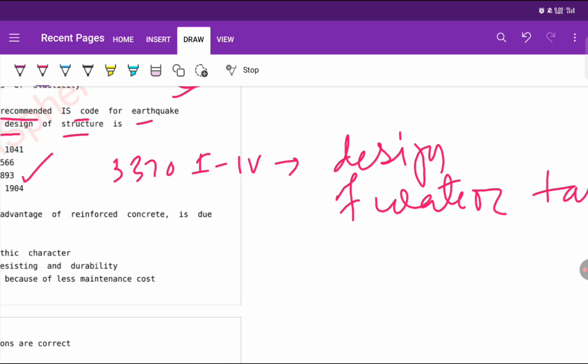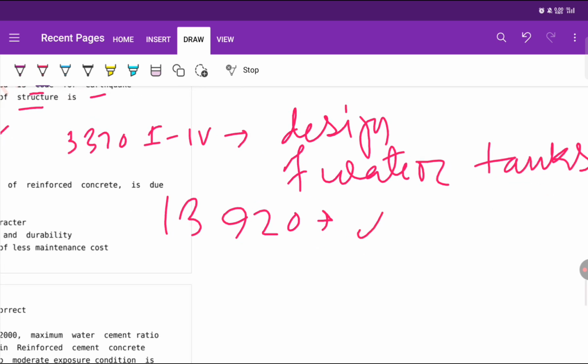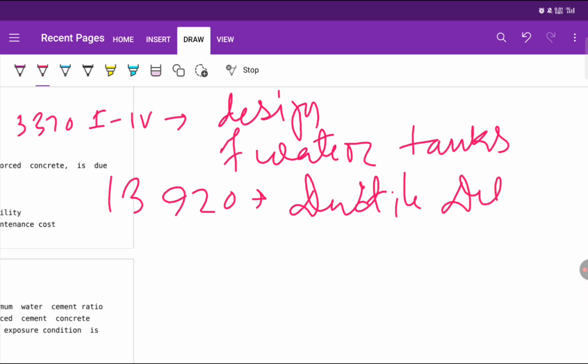Now we have a very important code, IS 13920, which is ductile design and ductile detailing.